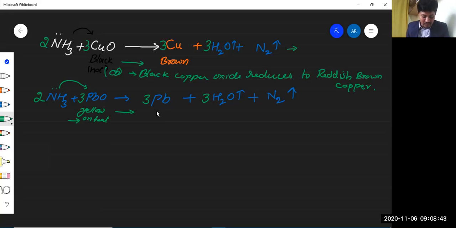On passage of ammonia over heated copper oxide, and on passage of ammonia over lead oxide, that produces a grayish metal, grayish lead metal. Okay, so this is your observation. Is it clear? This is a point you have to remember. And nitrogen is collected over a water jar. Why? Because nitrogen is insoluble.